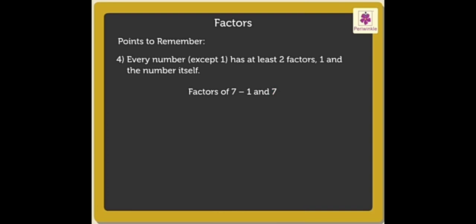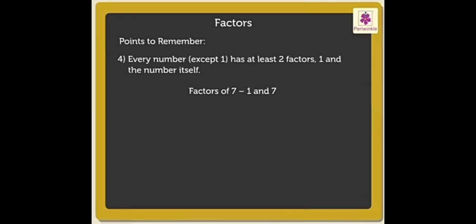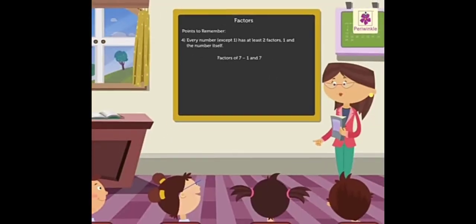Hence, we can say that every number except 1 has at least 2 factors, 1 and the number itself. Do remember these points properly. They will help you to find the factors as we go further.